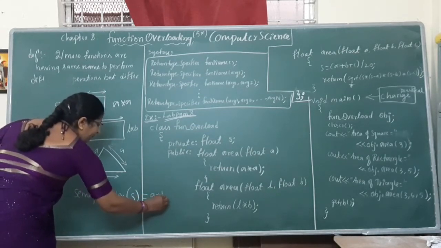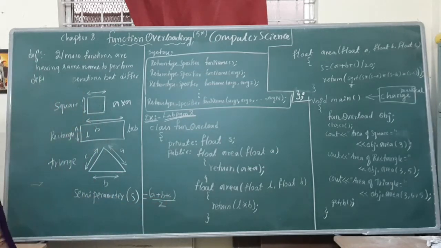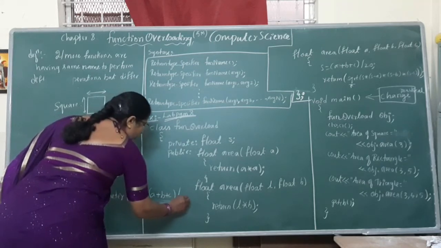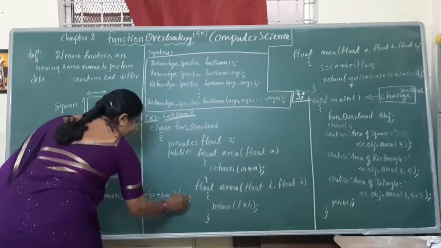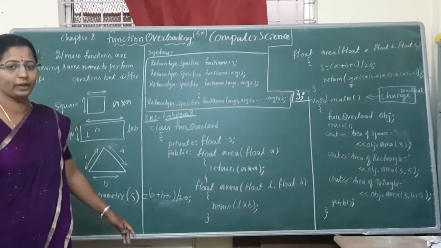S equals A plus B plus C divided by 2. Hence we need to write it as a C++ expression, that is 2.0. The edges may contain decimal values, hence I have taken 2.0.